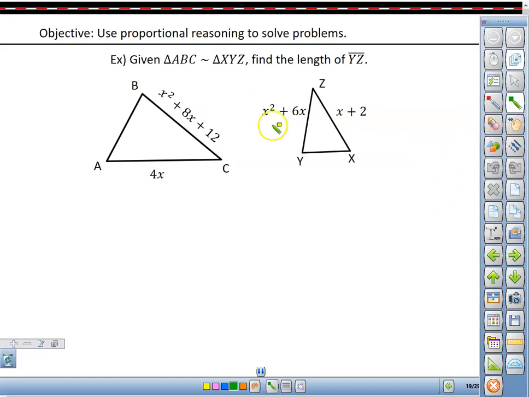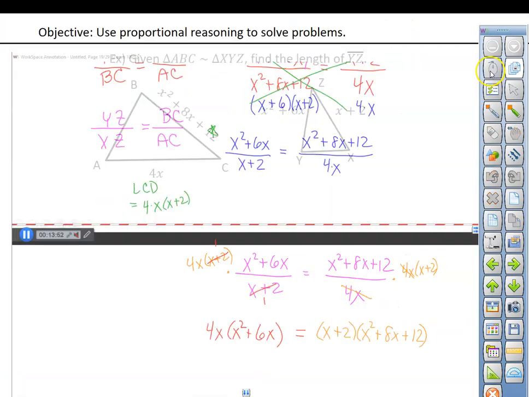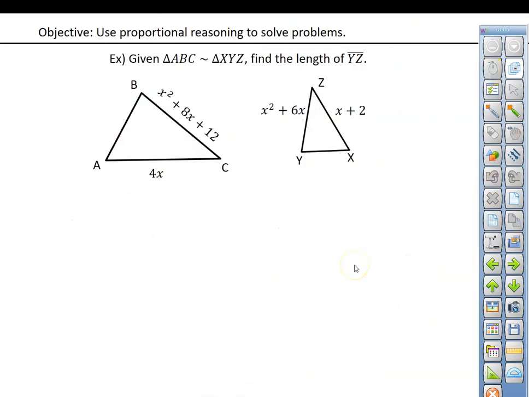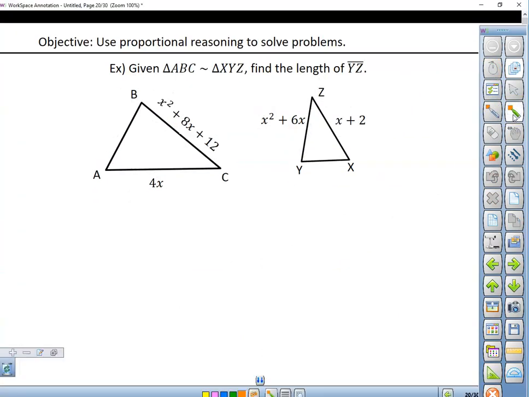Given our similarity statement, triangle ABC is similar to triangle XYZ. All right, so here is our example with two similar triangles. Here is our similarity statement, and our job is to find the length of side YZ.